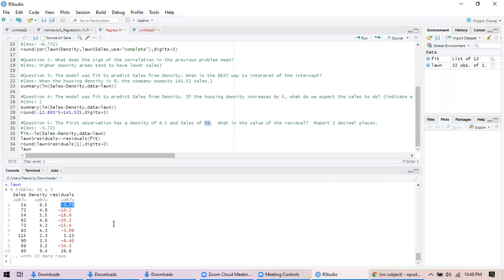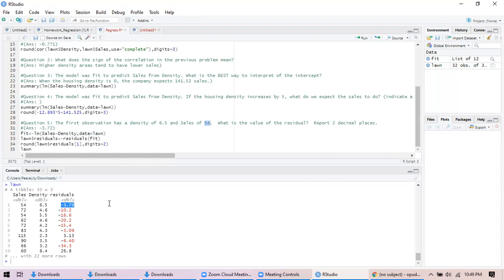That's all you needed actually. That's the answer. That's what the question is asking, right? The value of the residual. So we go to question 6.